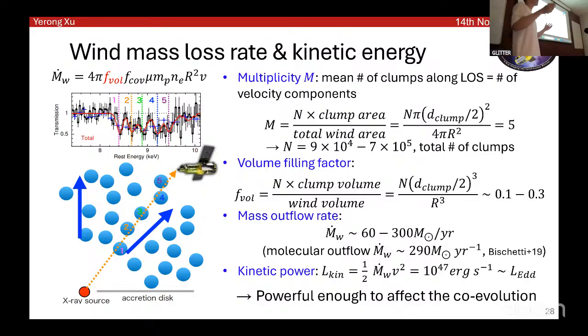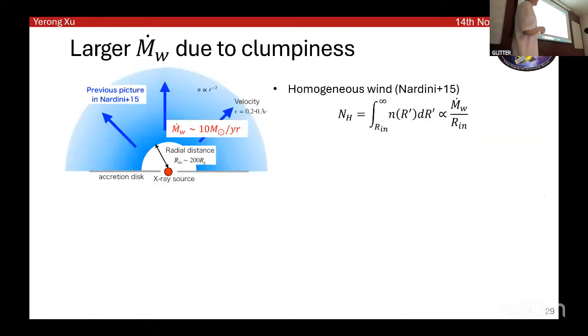But what's new? In fact, compared with the previous results, the UFO plasma parameters were very comparable, consistent between what we derived from the XRISM and what we derived from the CCD spectrum. But what's the difference?